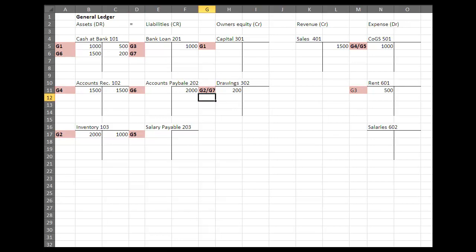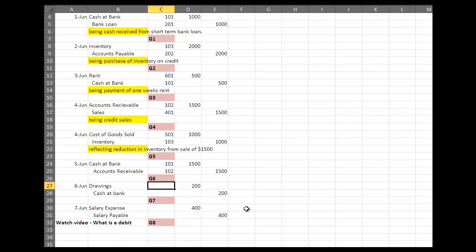We just have one more item to post. Salary, we need to go back and say drawings. We have posted drawings, that's 302, and we have posted the cash at bank, which is 101.